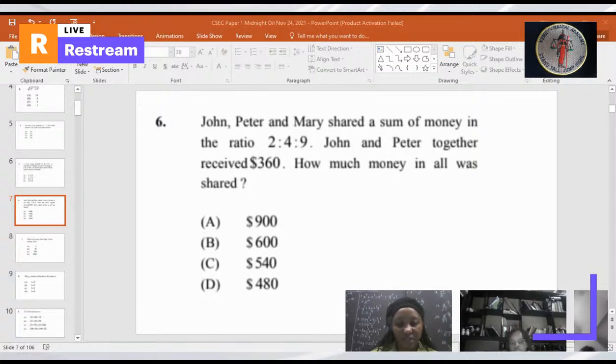So we have to add John and Peter's ratio also. That's the 2 and the 4. So that's 6, right? Yes, Miss. 6 into the 360 goes 60 times. So the unit value is 60. And to get the total now, it will be 15 times the 60.